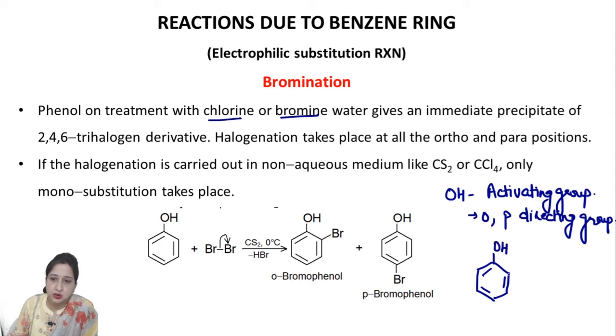This is your phenol, 2 position, 4 position as well as 6 position. So this is your tri-substituted product if we don't use this non-aqueous solvent. So this is the bromination reaction, because we have introduced bromine group in this ring.